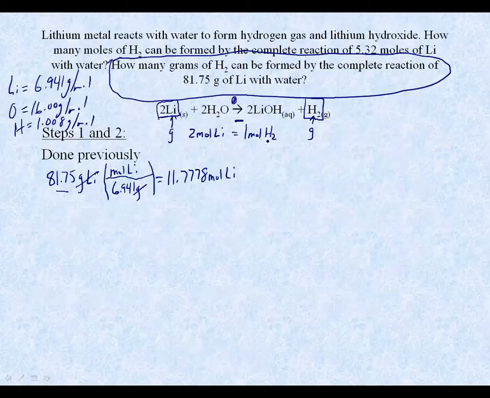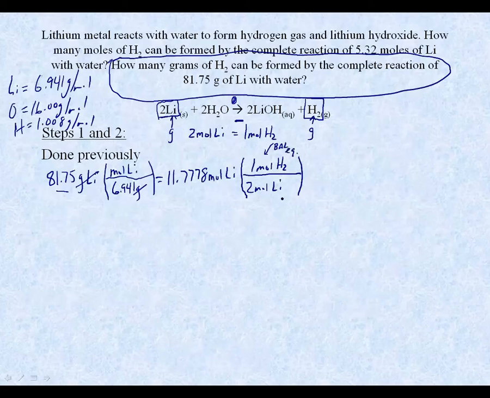So again, we're going to use that as a conversion factor because ultimately we're not interested in lithium. The next part of the calculation is actually the stoichiometry part. Since lithium's on top, we want 2 moles of lithium on the bottom and 1 mole of H2 on top. And again, this comes from the balanced equation.